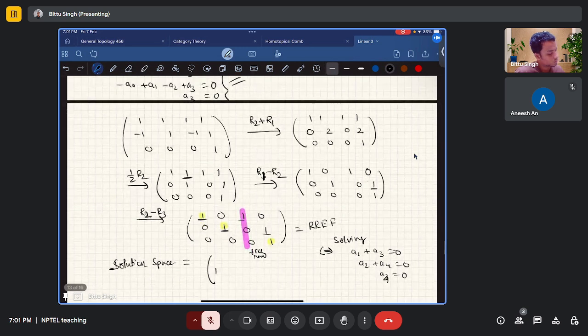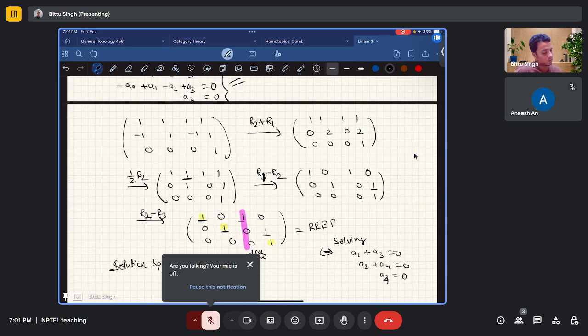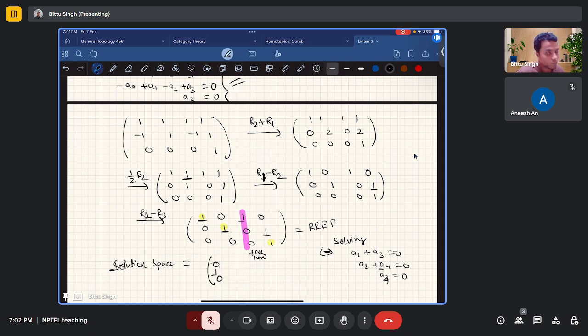So a1 is 0 and a3 is 0, and we have chosen the free variable a2 equal to 1. We can choose anything here, so we always choose 1 to get a linearly independent solution. If a2 is 1, then a0 must be minus 1. So the solution space will look like C times something, where C belongs to R.